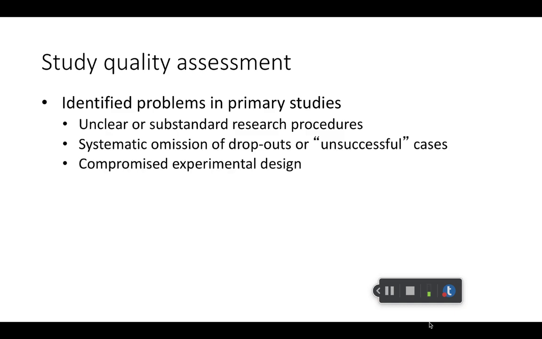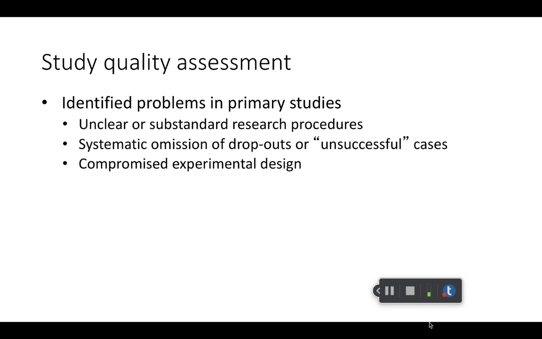We then conducted an assessment of study quality. And here we identified a number of problems in the original studies. Many of them used unclear or substandard research procedures. So these were all, quote, randomized controlled trials, studies in which a pool of families with youth were randomly assigned either to MST or to some comparison treatment.